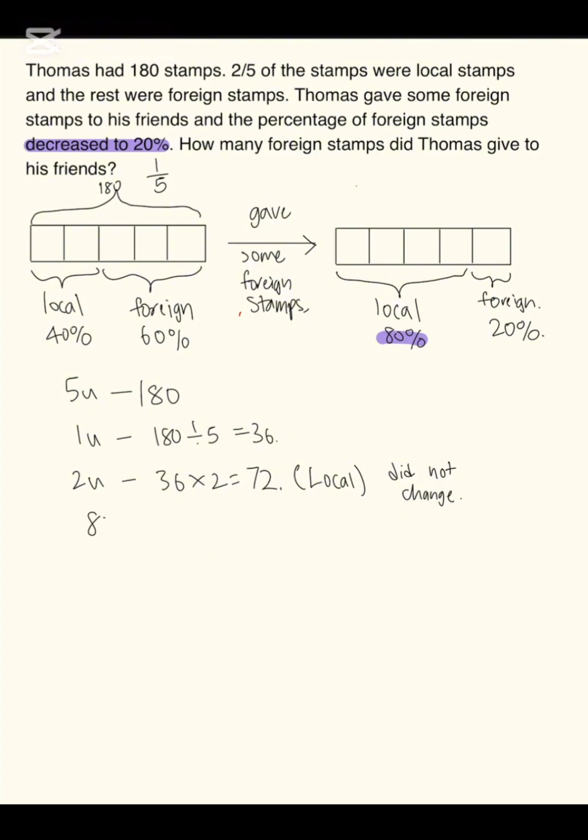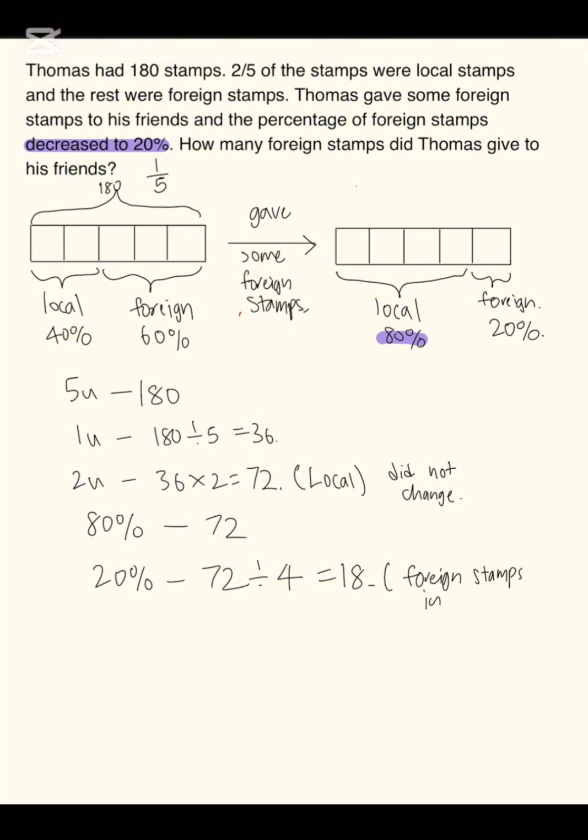So 80%, 72, right? In order to find 20%, I just have to divide by 4, right? 72 divided by 4 is 18.